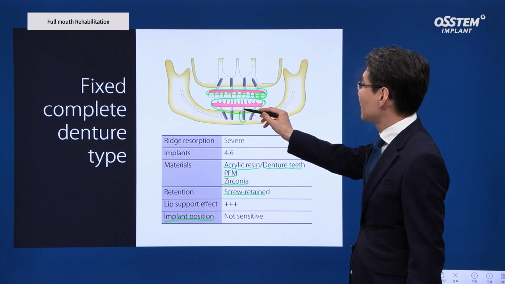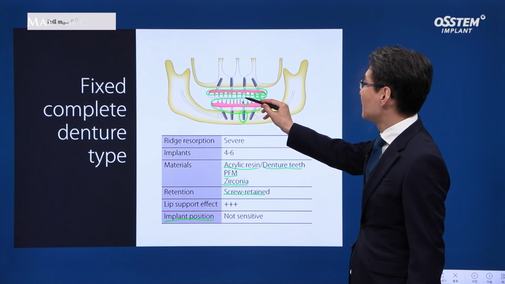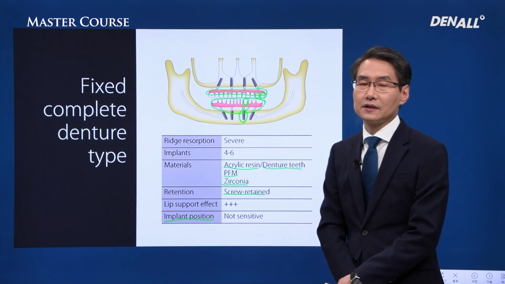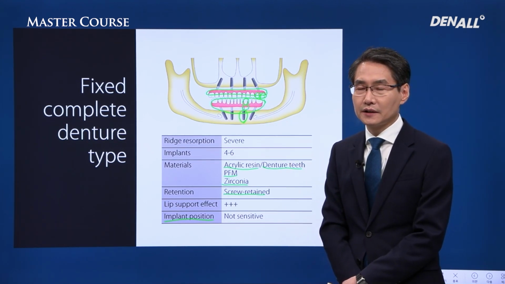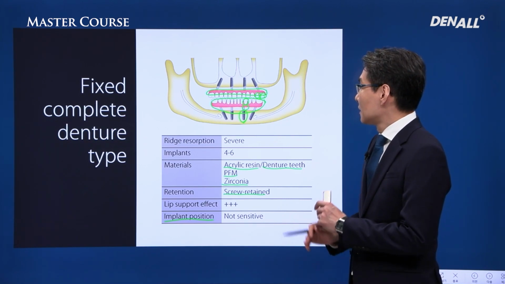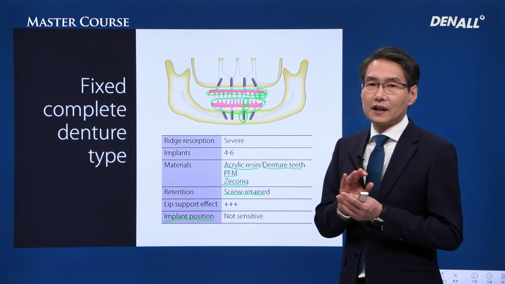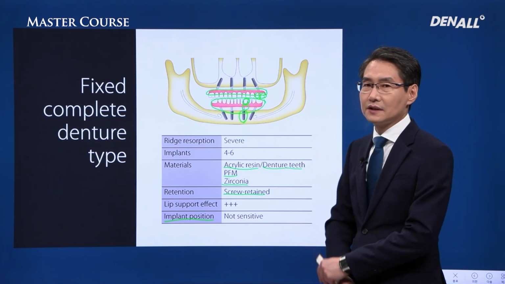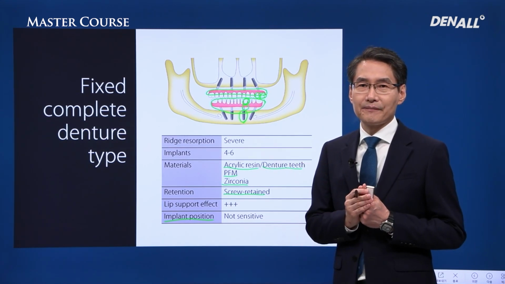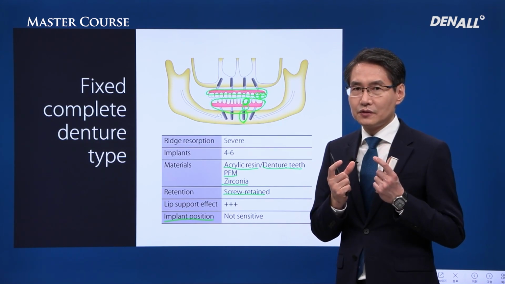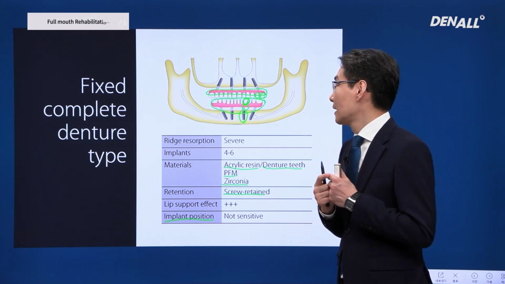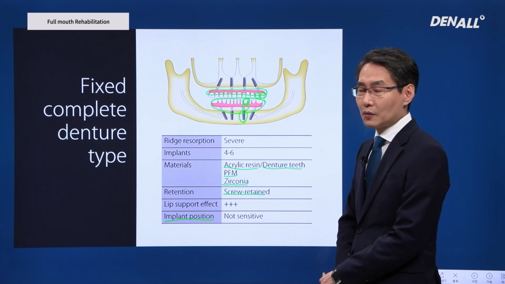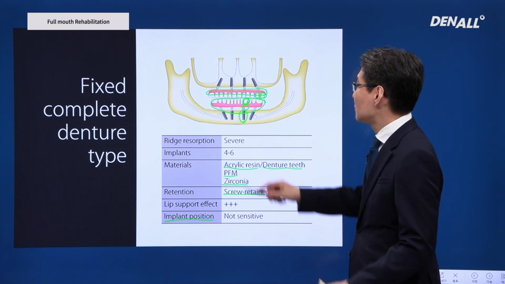If you look at this structure, there's implant body and on top there's teeth. There's a middle structure. There's mesostructure. Implant placement position angle and the position of the tooth on top is not really critical. Yes, we need to place implants in the most ideal position, but it's very difficult to achieve.